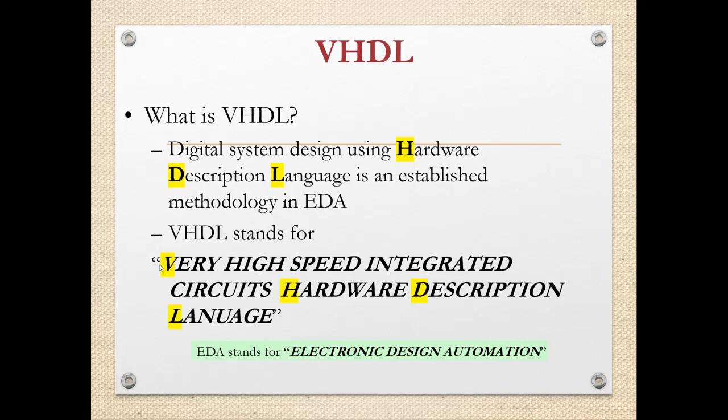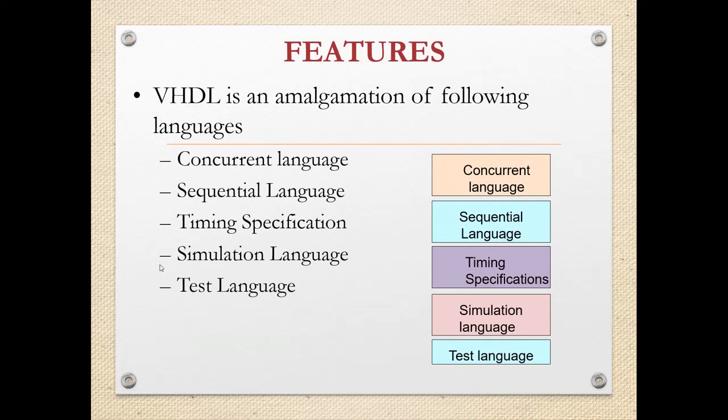Hardware structure is capable of being modeled in a hardware description language irrespective of design's behavior. So either we can do the modeling as per the abstract behavior, what is the behavior of the system, or as per the hardware structure. Both are possible with the help of this VHDL.